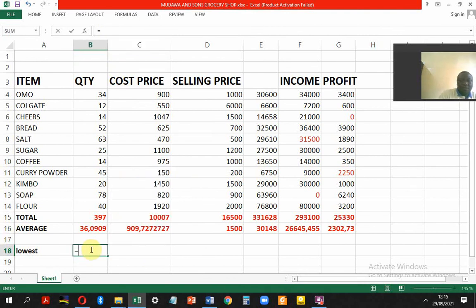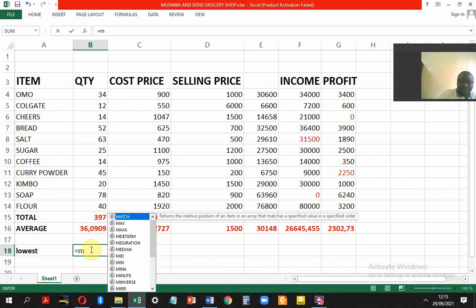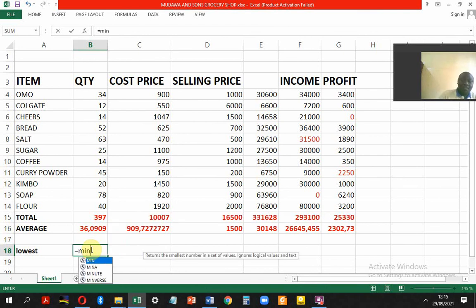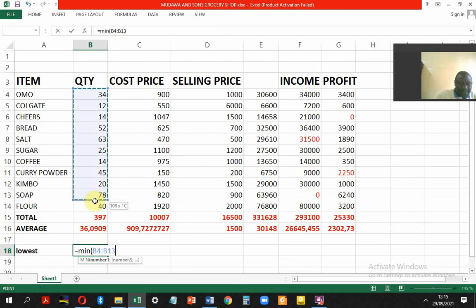So here we say equal sign, min. I hope you remember that min means lowest. So we open the brackets, and then we highlight here. They talked about quantity. Then we close brackets, enter.